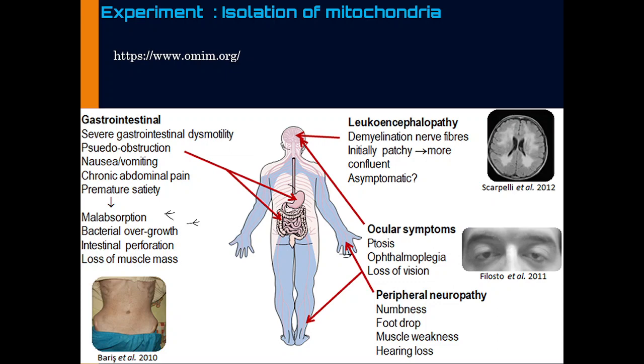I've also shared a link here, Online Mendelian Inheritance in Man. You can check and see what types of chromosomal mutations can affect mitochondrial function.